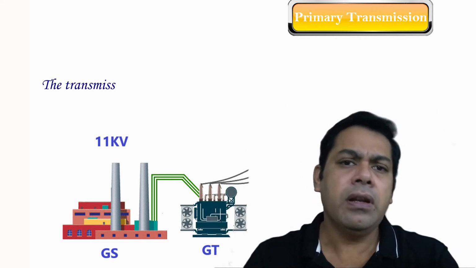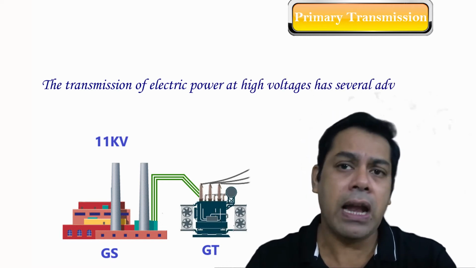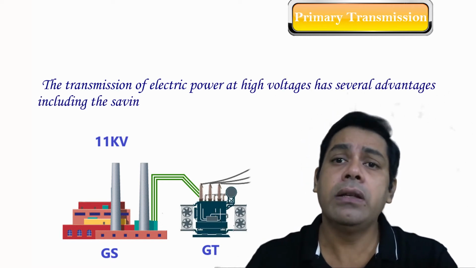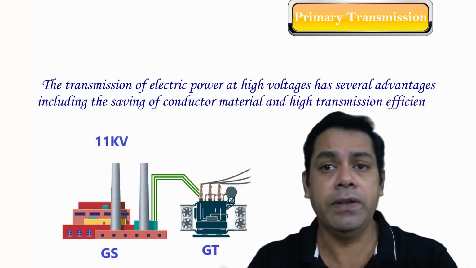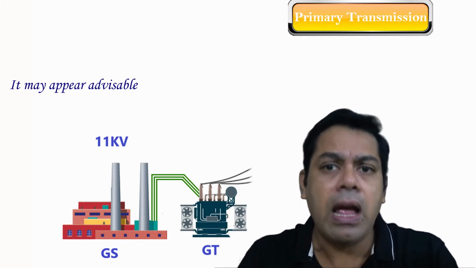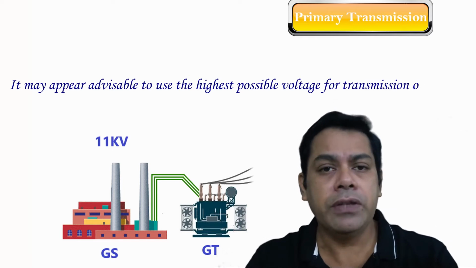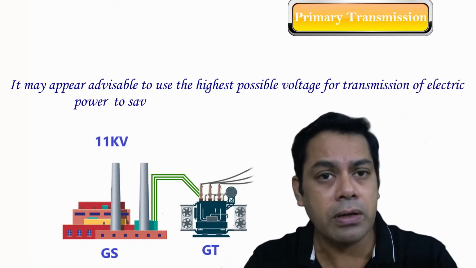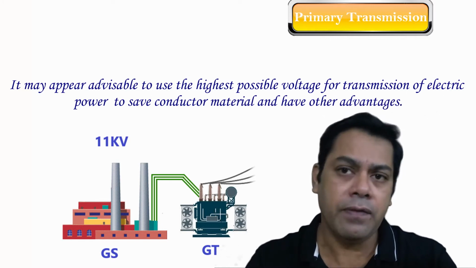The transmission of electric power at high voltages has several advantages, including the saving of conductor material and high transmission efficiency. It may appear advisable to use the highest possible voltage for transmission of electric power to save conductor material and have other advantages.